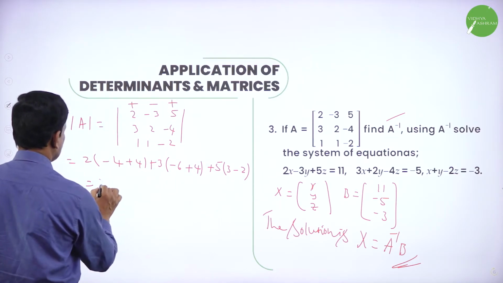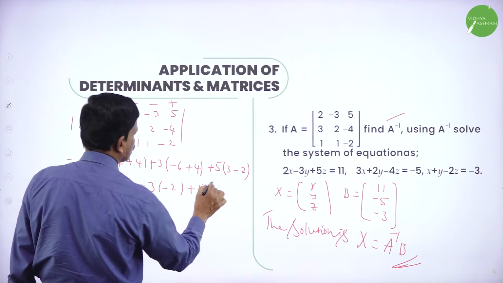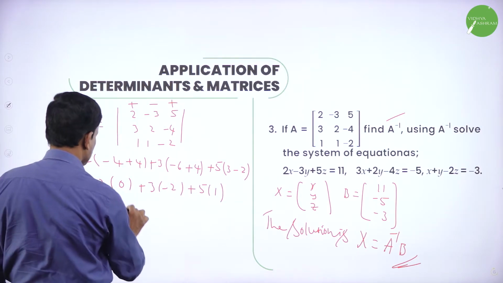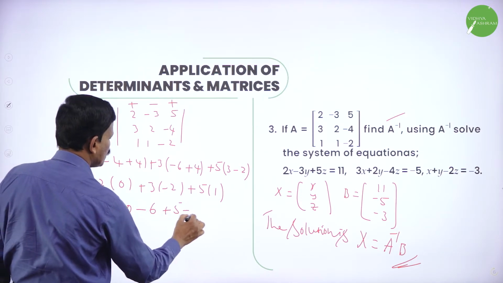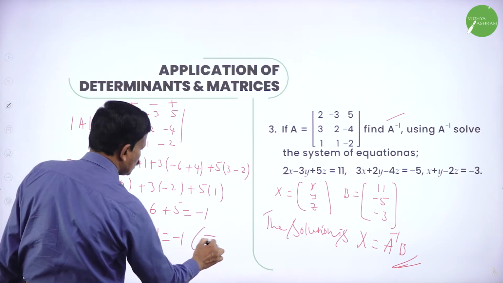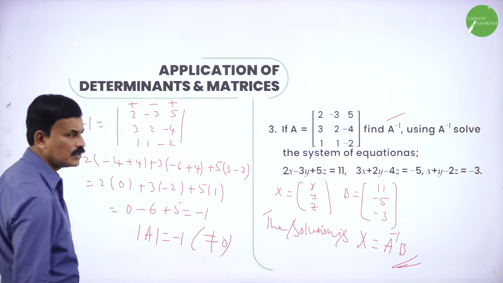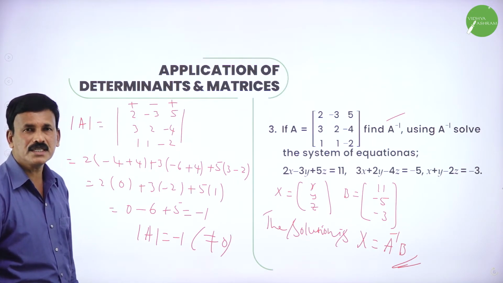So this is 2 into 0, plus 3 into minus 2, plus 5 into 1. So this is 0, minus 6, plus 5, which equals minus 1. So, determinant of A is equal to minus 1, not equal to 0. Now, just go on finding the cofactors, adjoint and the inverse.